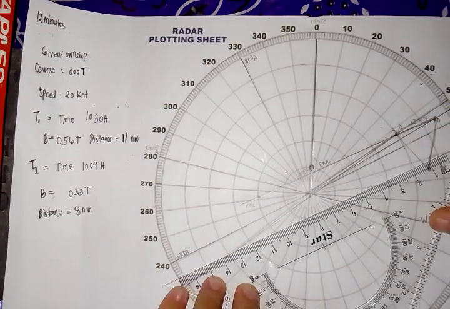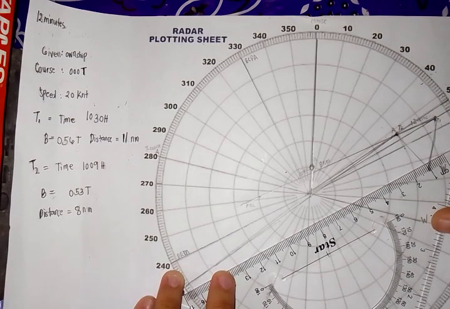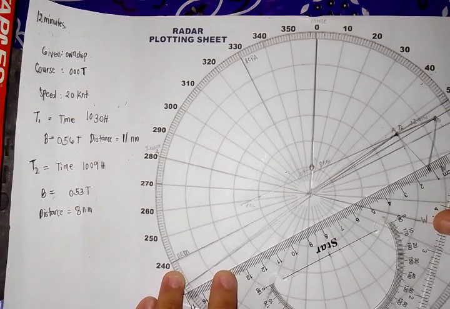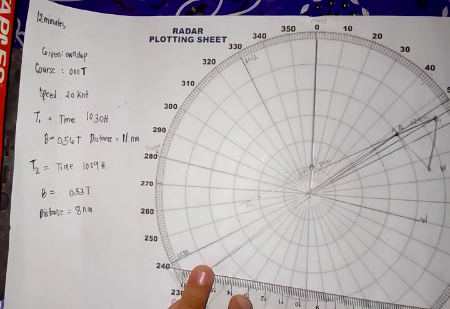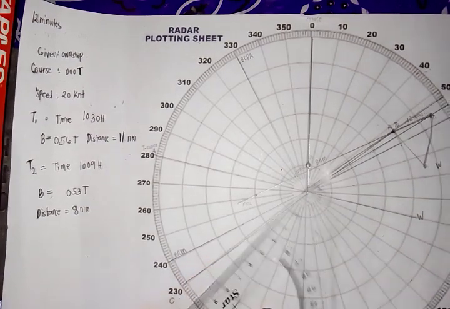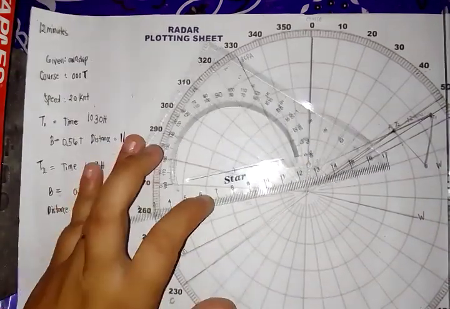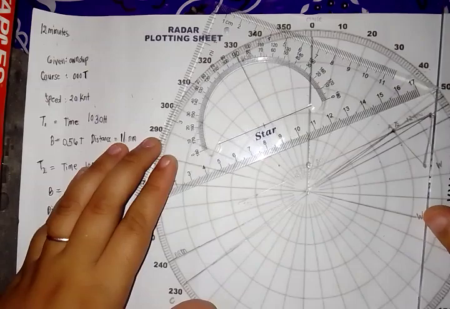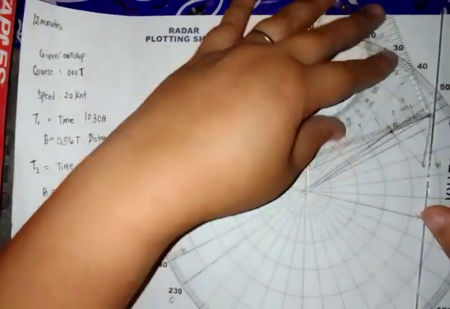And to find our DRM, which is the direction of relative motion, we need to go this way, like that.